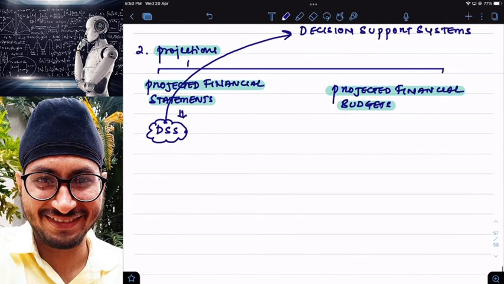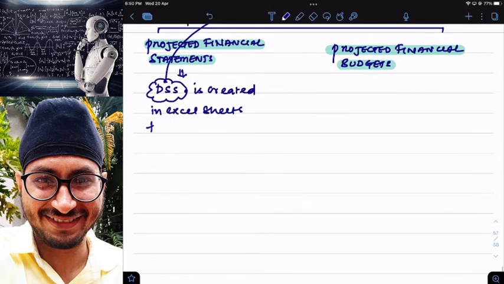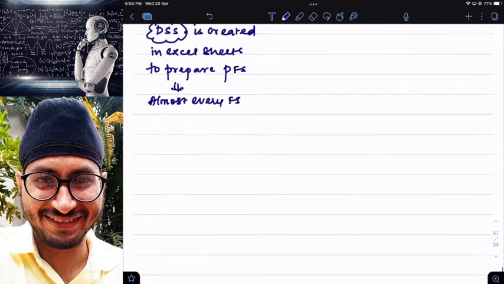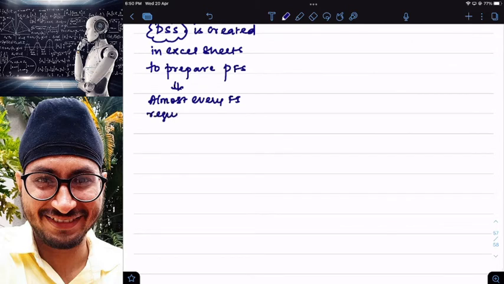DSS is created in what? In Excel sheets. Here, I create a decision support system in Excel sheets to prepare projected financial statements, PFS. Almost every financial institution requires projected financial statements.